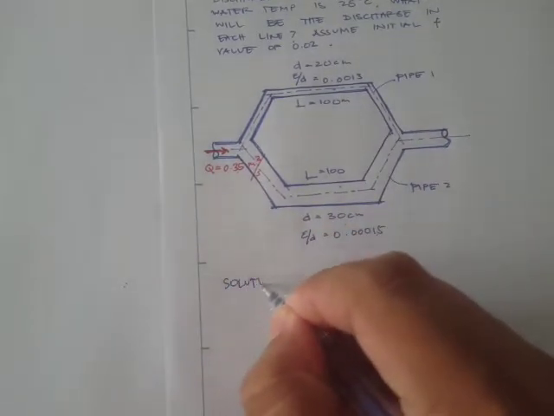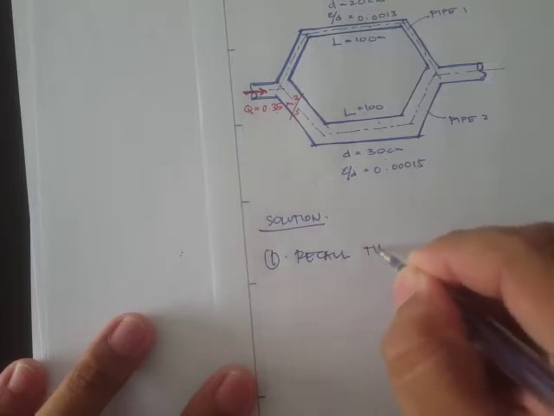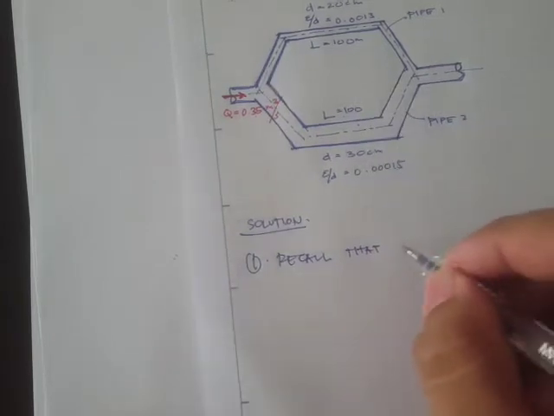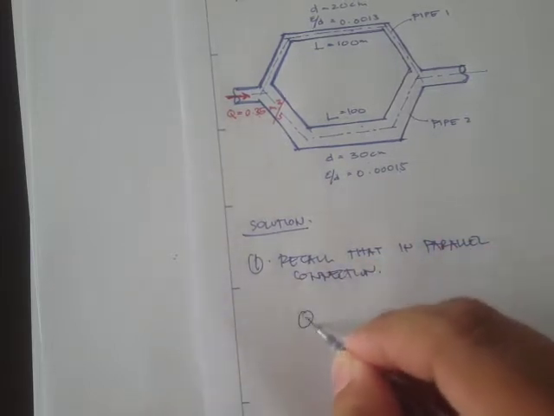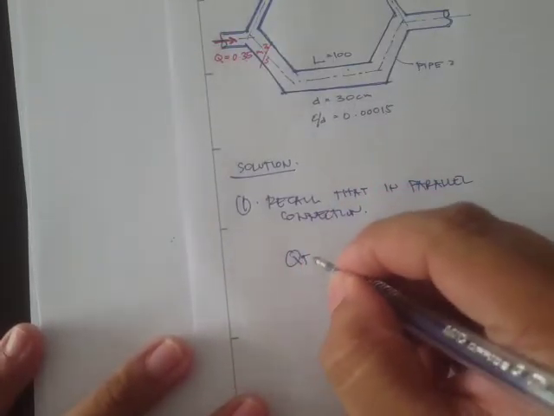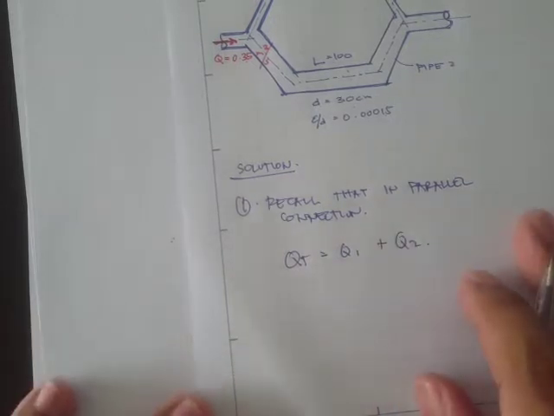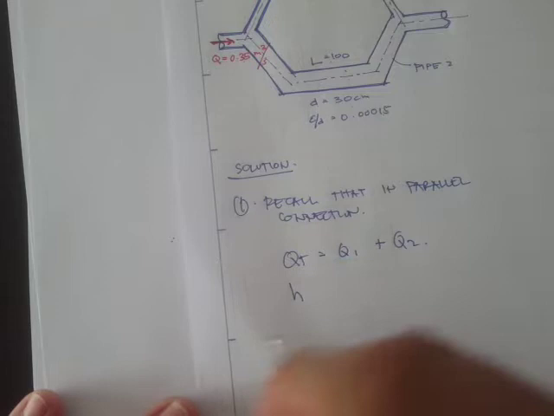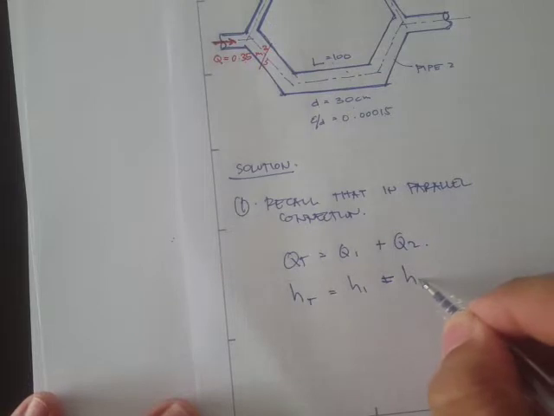Okay, so for the solution, first step is recall that in parallel connection we have these relations. Q total is simply the Q1 plus Q sub 2, and our total head loss is simply equal to H sub 1, and this is also equal to H sub 2.